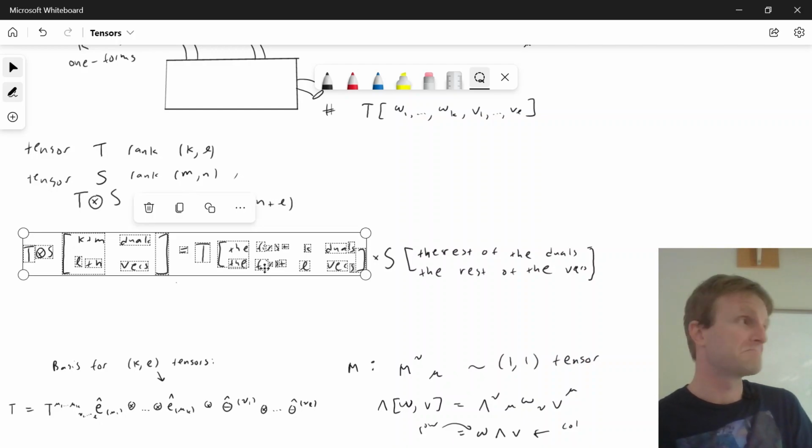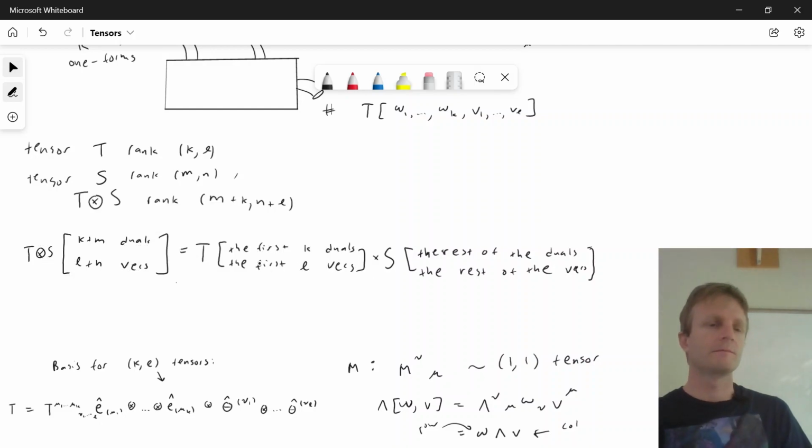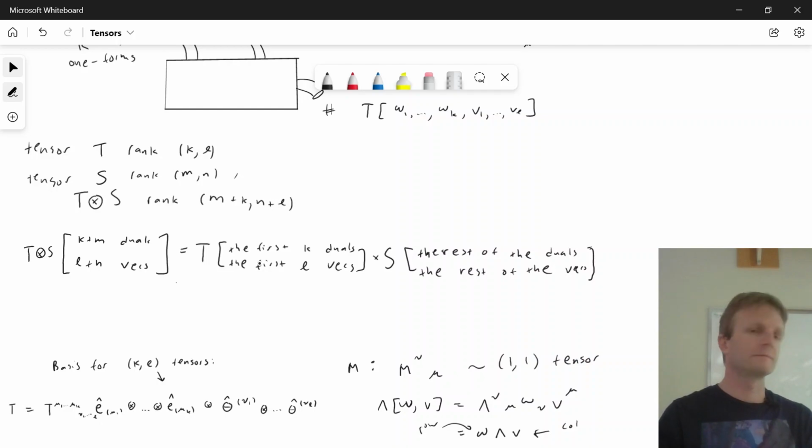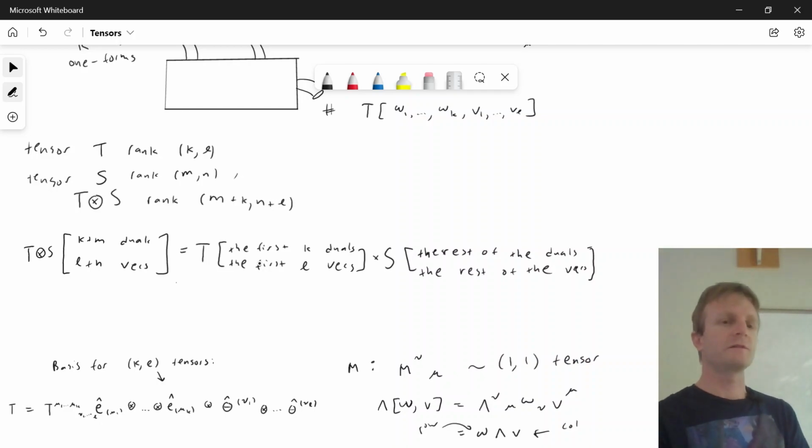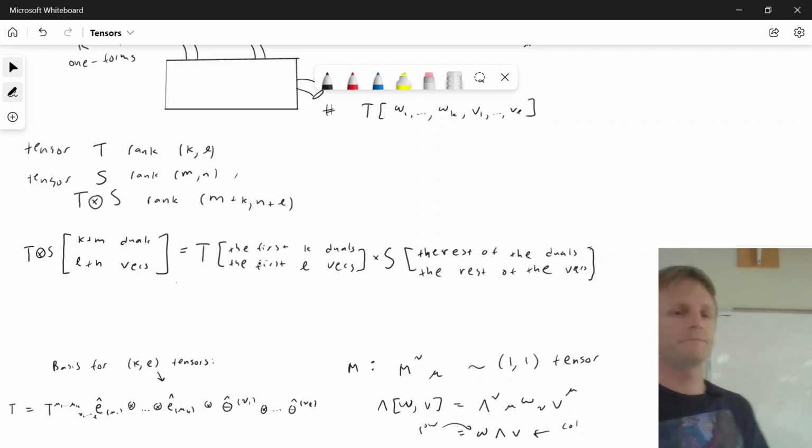But does, like in the box picture you drew, is there an additional input of where you are? Yeah, these could be tensors at a point or tensor fields, but you just do this separately at every point P. So they're parameterized. Yeah, you could think of them as functions of the coordinates on the manifold.